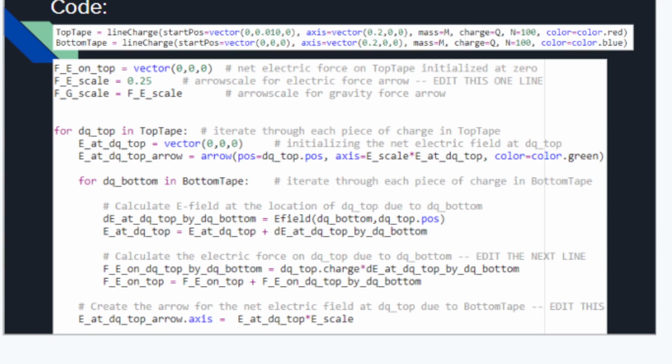As it keeps iterating, we get a much more accurate measurement of the electric field at the top due to the bottom tape. In that last line, I multiplied the result by a predetermined scalar, just so the visual we generate can actually be seen, because we're working with really, really small things here.